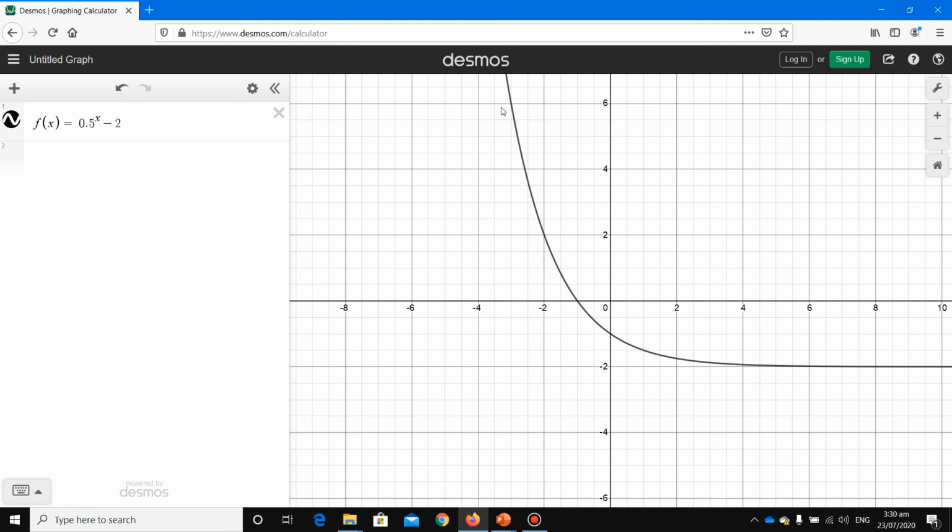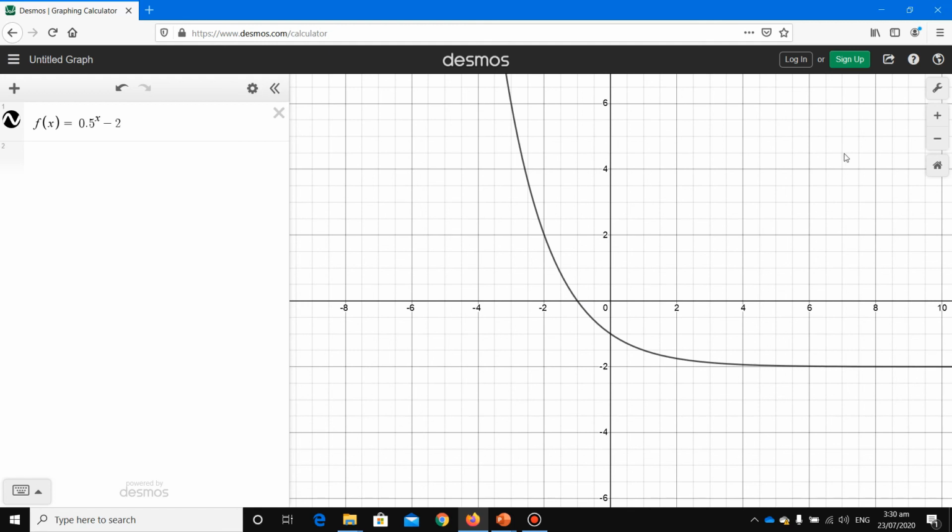And that means it is decreasing. So again, if our value of a is a decimal number greater than 0 but less than 1, our graph is decreasing and it looks like this.